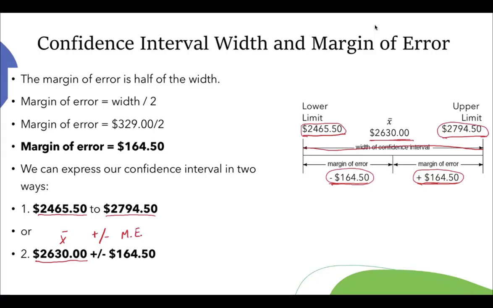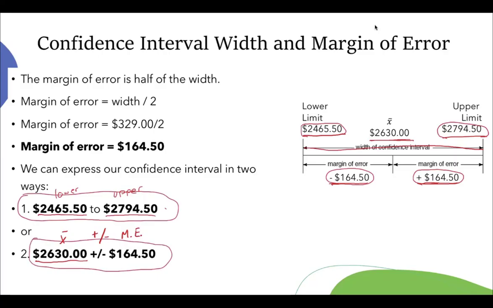So this is lower limit, upper limit. If you see a problem referring to a confidence interval in the first way, realize that it can also be referred to in the second way. They are interchangeable. They're just two different ways of expressing the same thing.